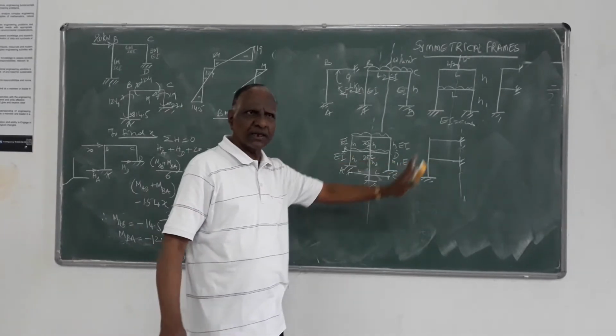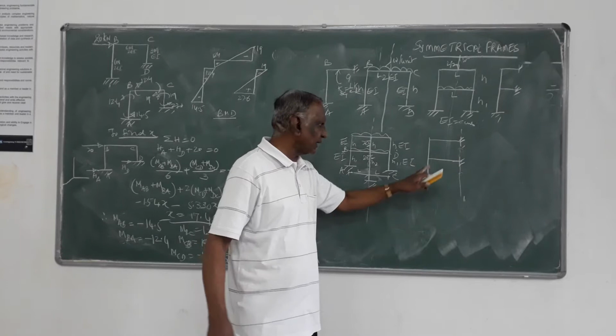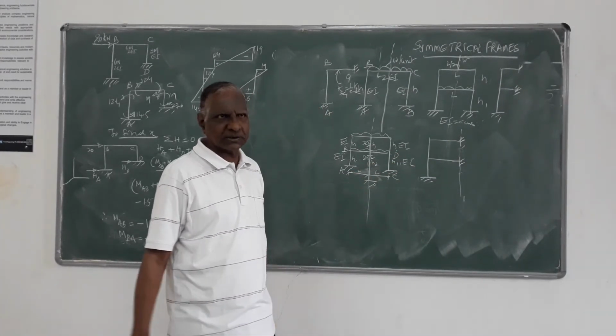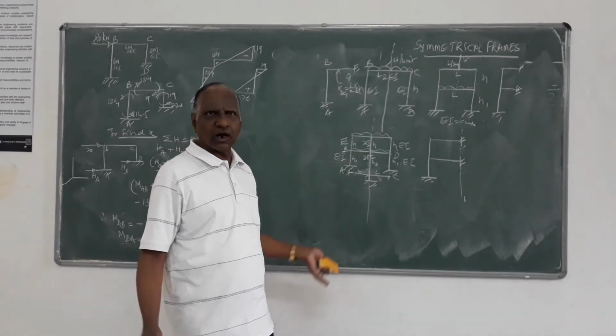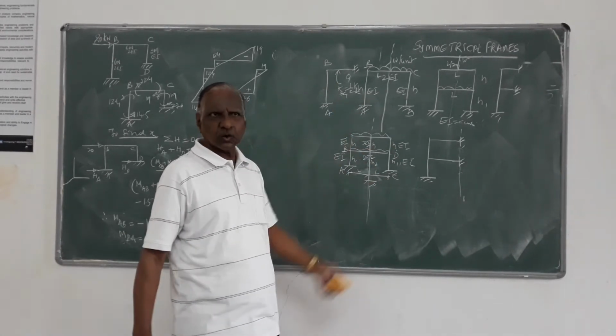You can finish that particular analysis only for this frame. That is this joint, and this joint only you have to carry out the moment distribution. Actually the work involved will be almost half when compared to the total problem.